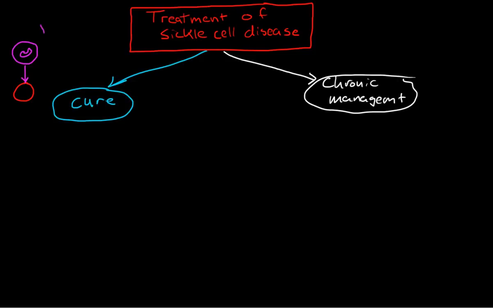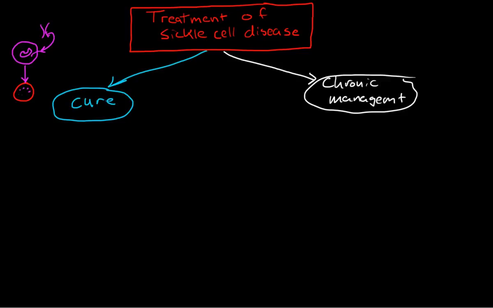Remember, in one of my earlier videos I talked about the 11th chromosome, and one part of the 11th chromosome contains the gene for the beta chain of hemoglobin. And so hemoglobin is being produced by this gene within an erythropoietic stem cell, and that's what creates the hemoglobin within the mature cells, right?